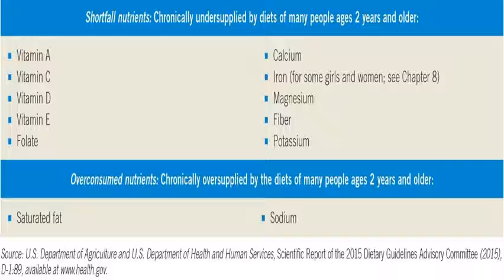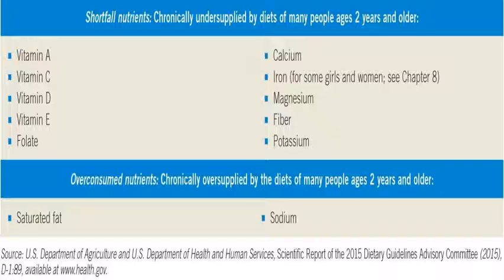Americans ages 2 and older tend to have shortfalls with these nutrients. Chronically, continuously, they don't have enough of these nutrients, which are vitamins A, C, D, E, and folate. You might even hear of folic acid, which is the synthetic version of it.